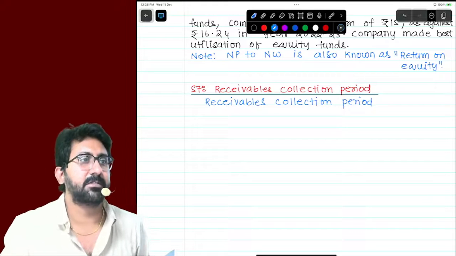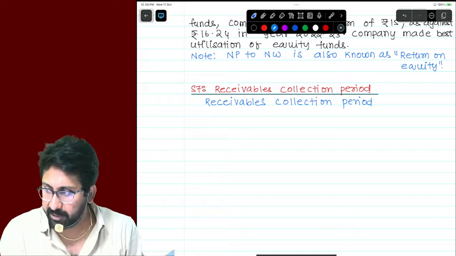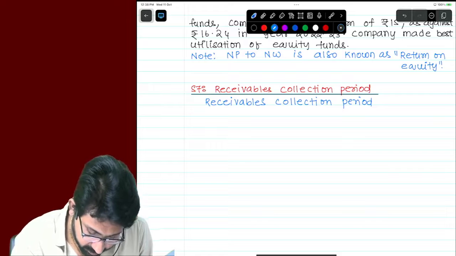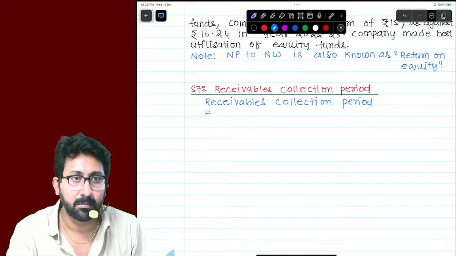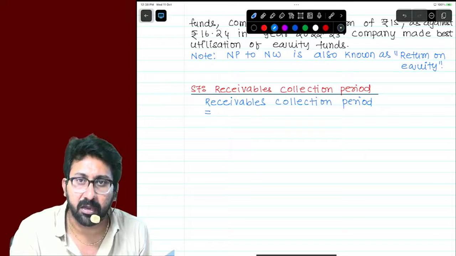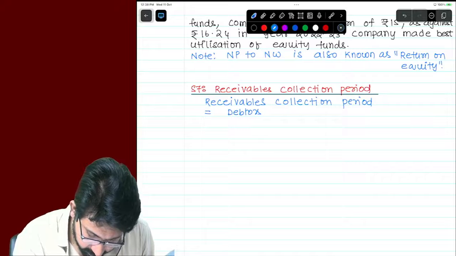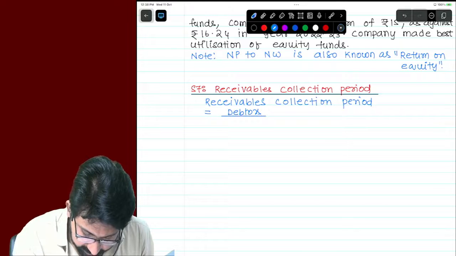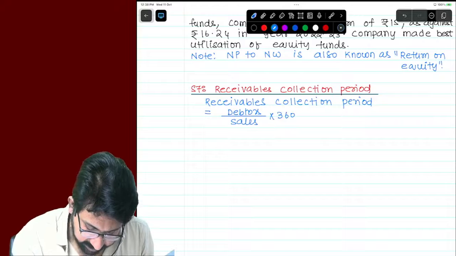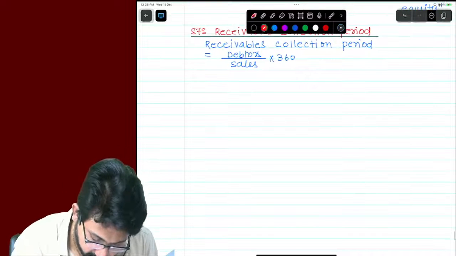We are completing this problem with this. Receivables collection period equals, tell the formula. What is the formula? Debtors divided by sales into how many days? 360. Into 360. Write down.